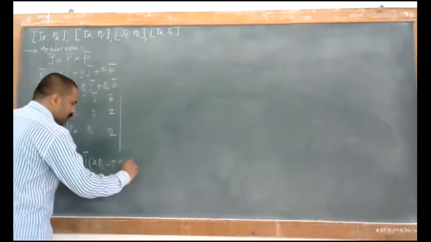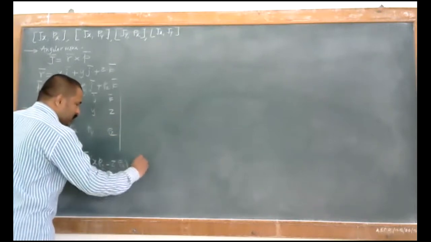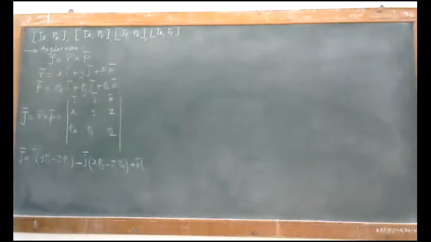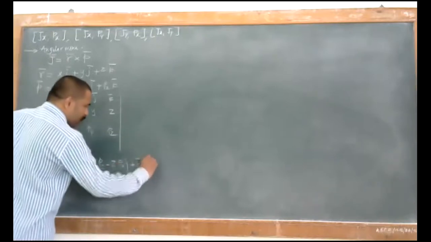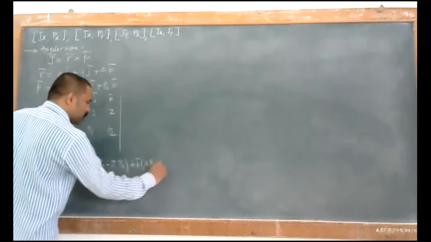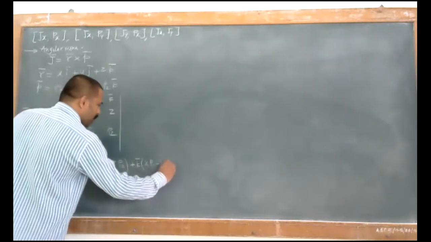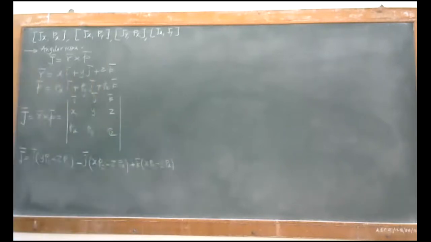The third, with respect to the third direction, is k times (x py minus y px). So the angular momentum vector has components ypz minus zpy, then minus j times xpz minus zpx, and the third one, xpy minus ypx.